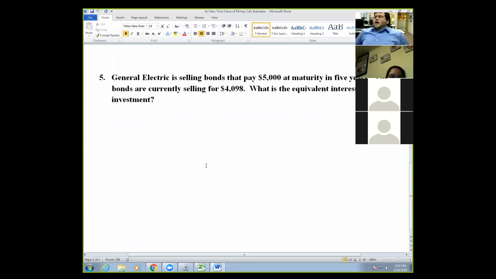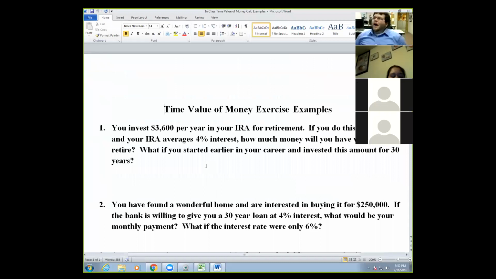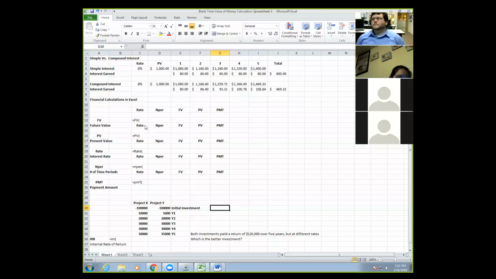So there are 5 different questions here. And I'm just going to go through the process of showing you how these functions work. You can play around with them in Excel as I do too, if you want to see how they work. But this is what I'm going to use as a basis for showing these functions, these problems. Before I get into these exercises, let me just give you a brief background of how these work. If you see in each of these, for each of these functions, I have to the right something that says equal FV and then parentheses, or equal PV and then parentheses.